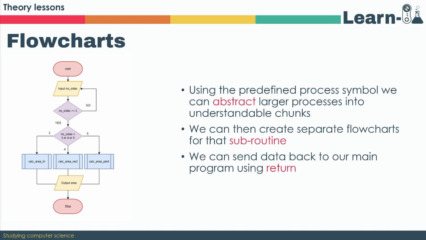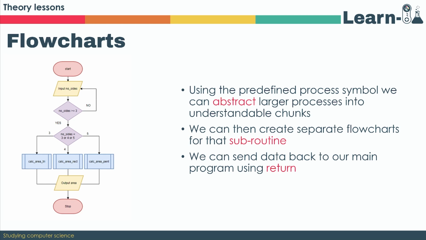And then this idea of abstraction, bringing it back to our first slide. We talked about the fact that you can represent ideas in a much more simple form. And this little flowchart takes the same idea of inputting a number of sides and then checking if we've got an answer greater than or equal to 3. Then it checks to see if the user has inputted 3, 4 or 5.